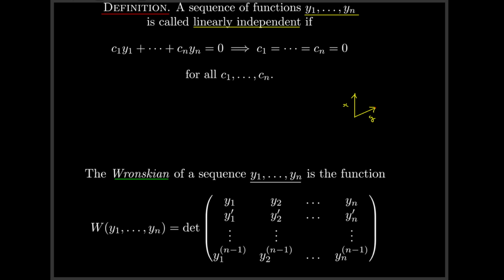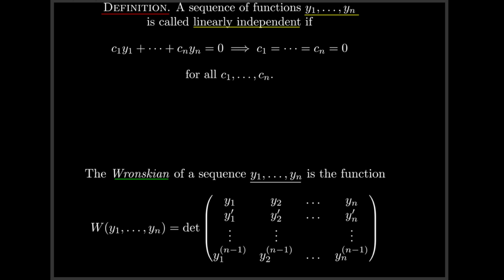Linear dependence, the opposite concept, is when they're not linearly independent. That just means that one vector is a scalar multiple of the other. So in this case, y and z are not linearly independent, so they're linearly dependent. So in a sense, for functions, we can say that y1 up to yn point in different directions, so to speak, when they're linearly independent.